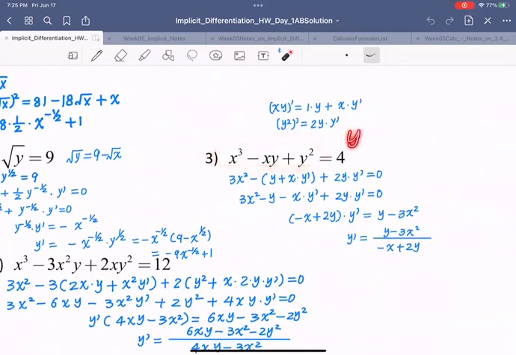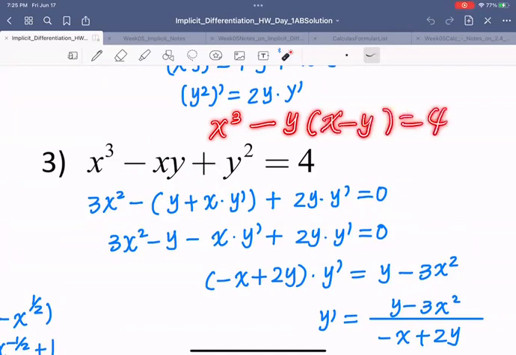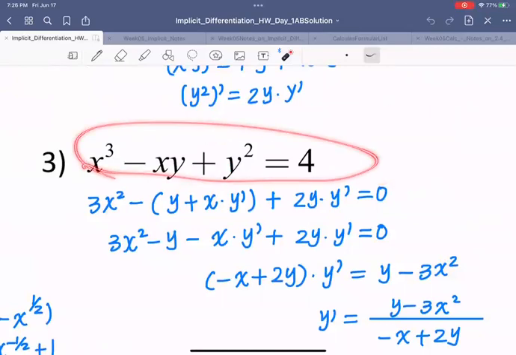Some students say, hey, easy, minus y times x minus y equals 4, then y times this is going to be x cubed minus 4, and then y equals this thing divided by this. Come on. You cannot have a y over here. That's not a function. You can only use x on one side to represent your y. This one is non-solvable. You won't be able to get your y value.